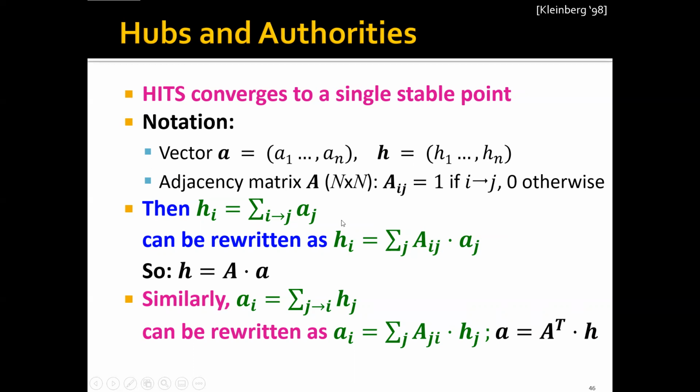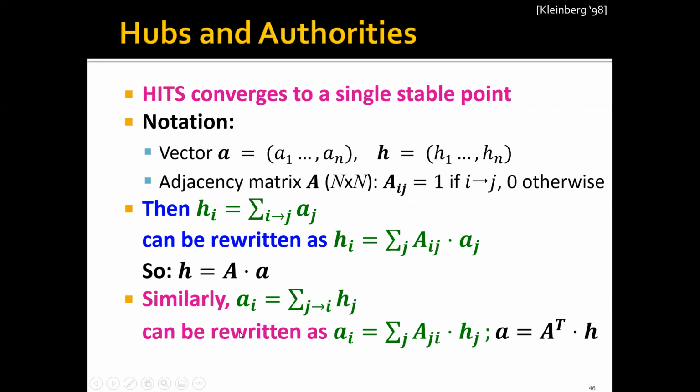And the adjacency matrix entry A_ij would be 1 if there is a link from node i to node j and 0 otherwise. Then we can see that the equation of updating the hub score can be rewritten as the sum of A_ij times a_j, which is actually equivalent to h equals capital A times small a.